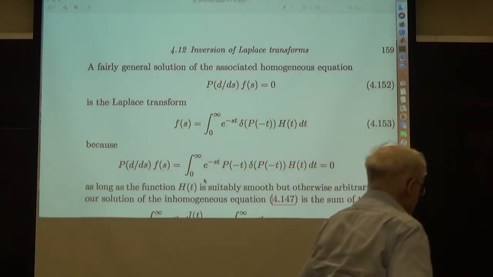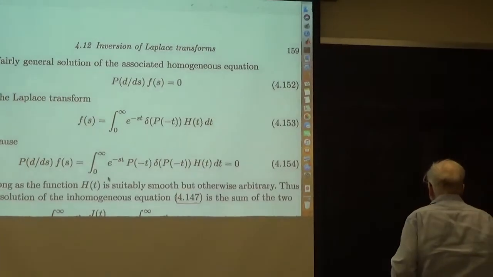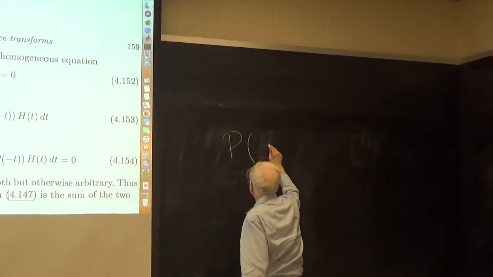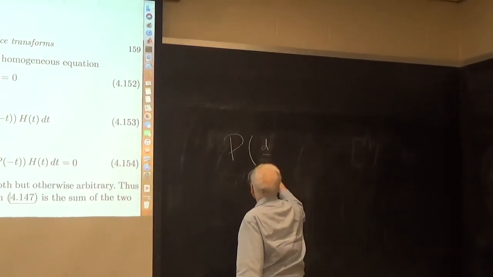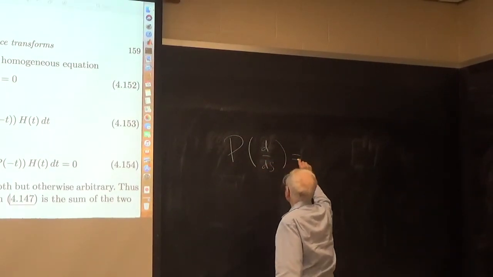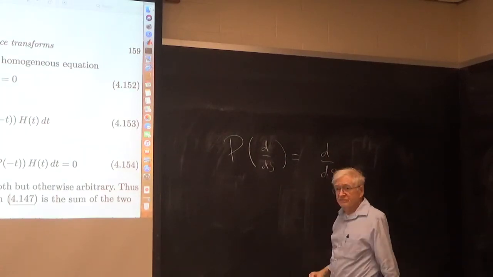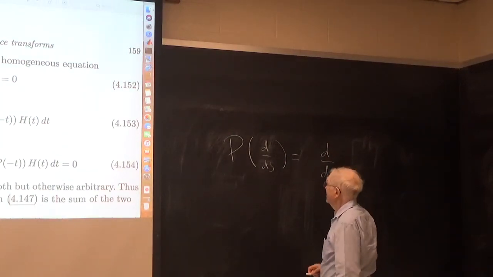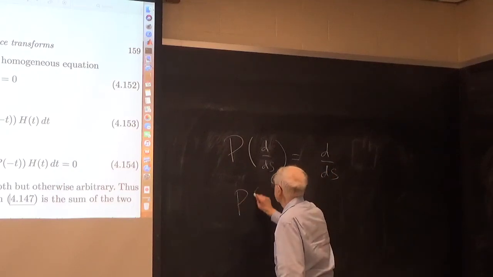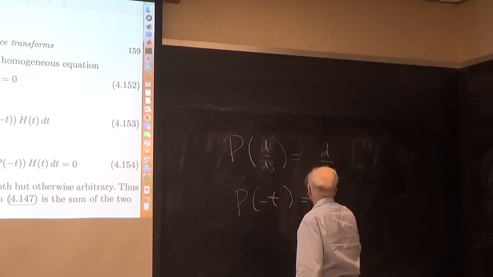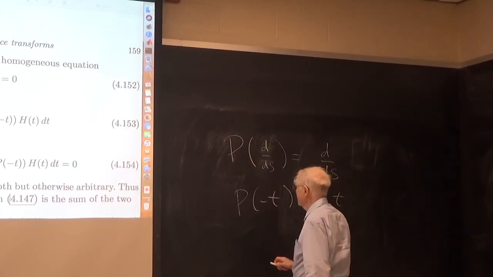Okay, so suppose P of d by ds is just d by ds. Then P of minus t is just minus t.